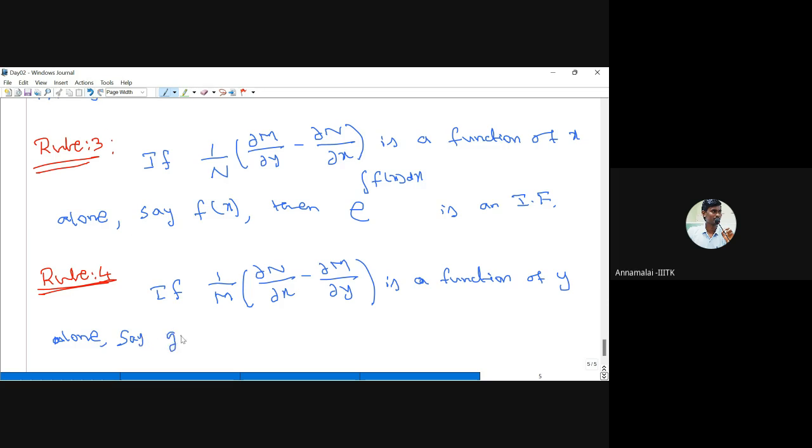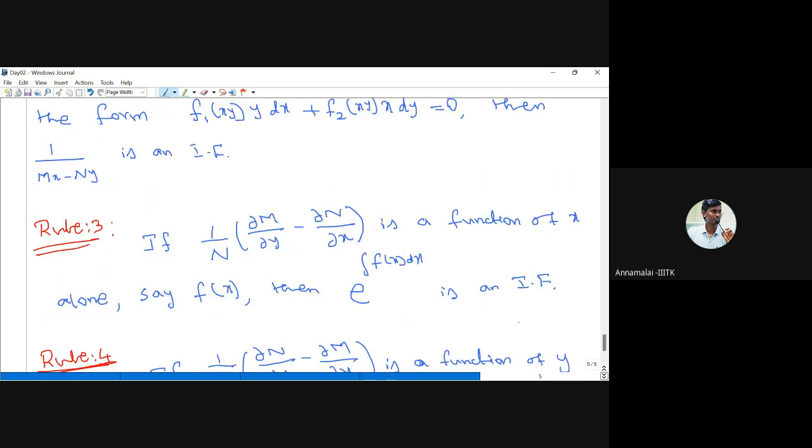Then the integrating factor is e to the power integral g of y dy. So these are all the rules to find the integrating factor of a non-exact equation.